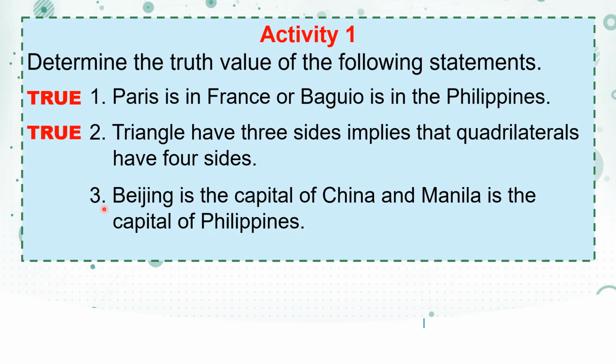So, dapat both propositions natin dito is true so that our answer is true. So, let's see. Beijing is the capital of China. It is true. Manila is the capital of the Philippines. Again, it is true. So, it is both true. Therefore, the truth value is true.